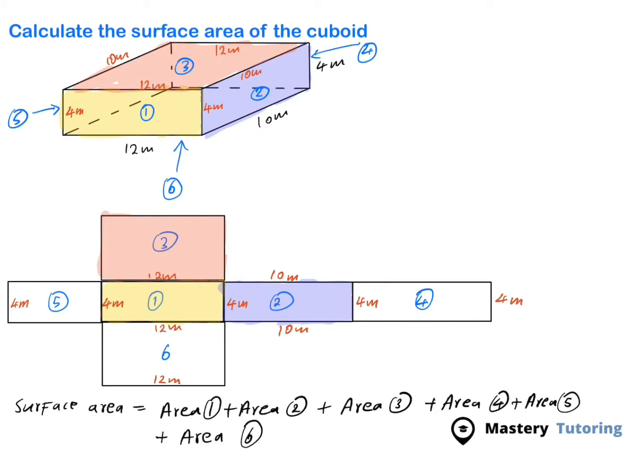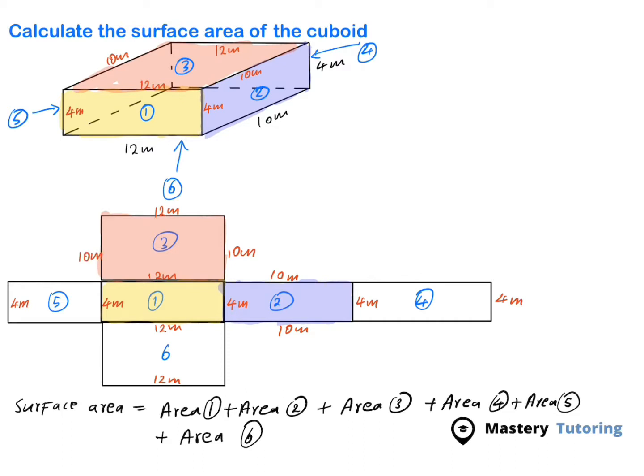And then now when you look at this shape number 3, we've already indicated that, okay, this is 12 and 12. So this is going to be 12 and 12. And this is 10 meters, which is this side, 10 meters. And the opposite side is going to be 10 meters as well, as we've already indicated on the diagram, 10 meters.